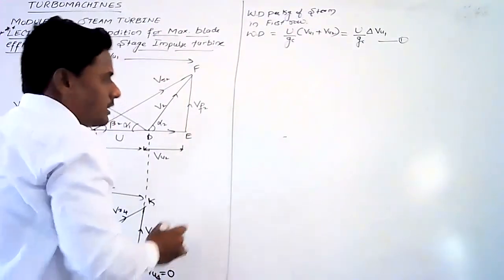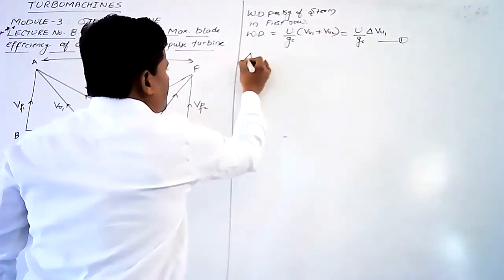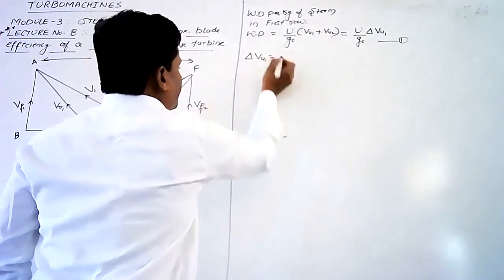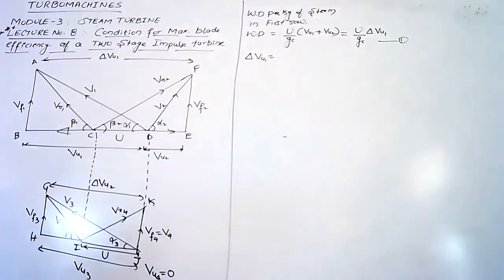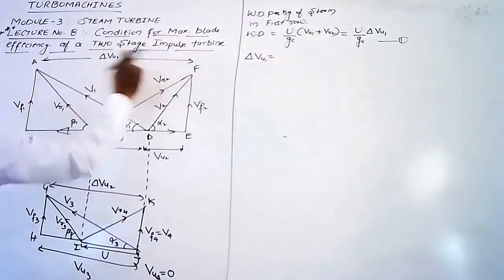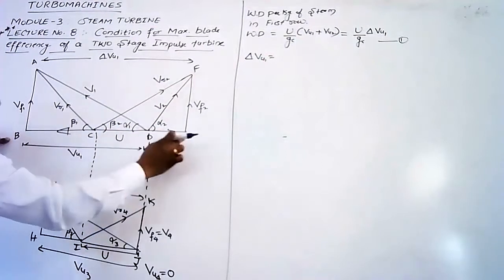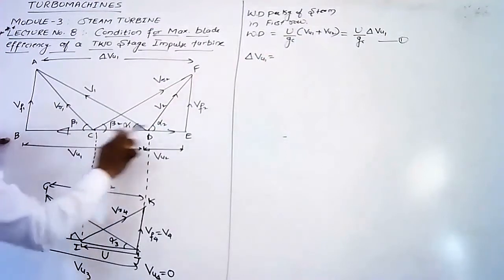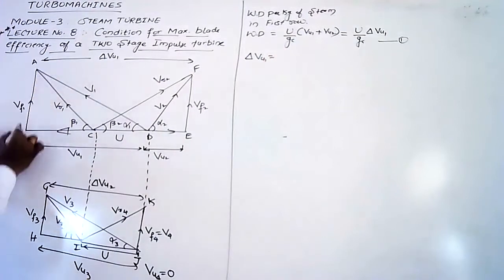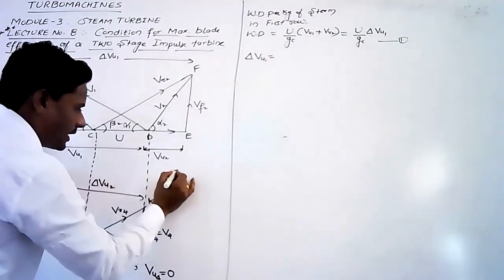Now here delta VU1 can also be written as, listen here carefully, delta VU1 is equal to BC plus CE. From this velocity triangle ABC, this right angle triangle, what can I write?